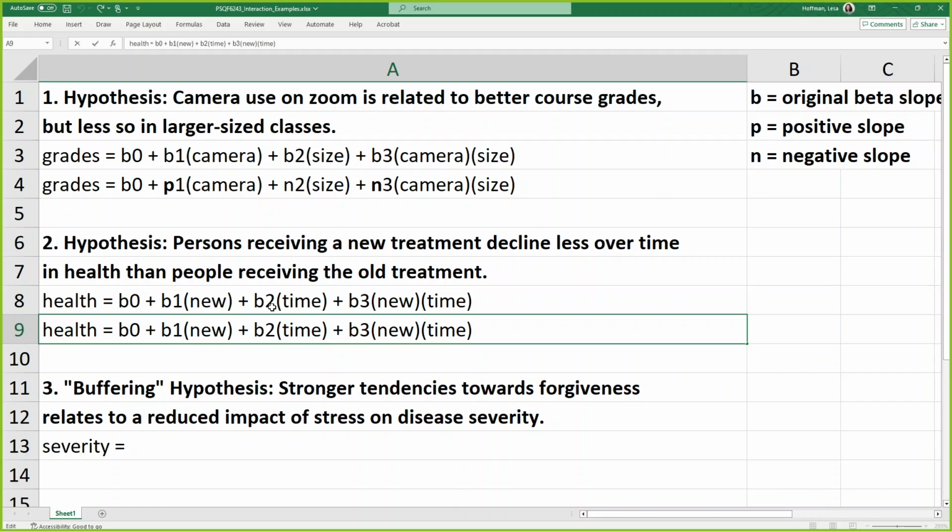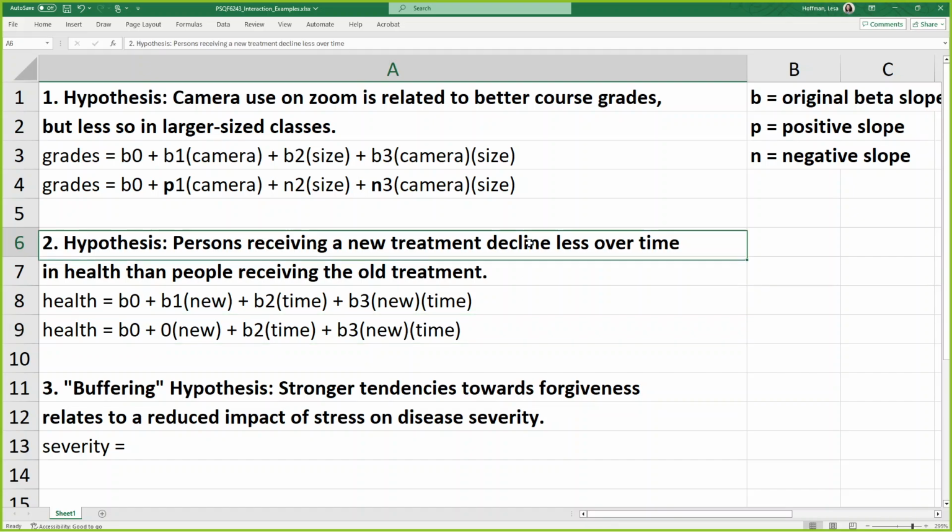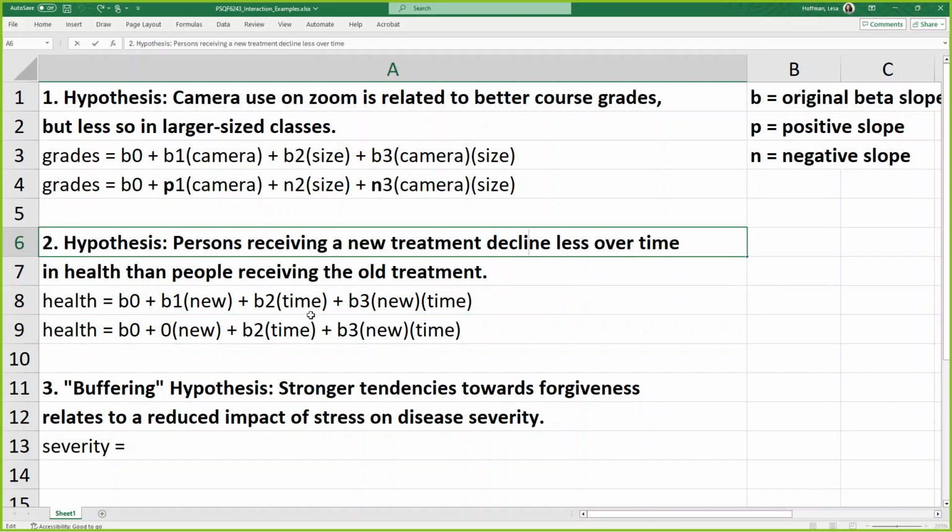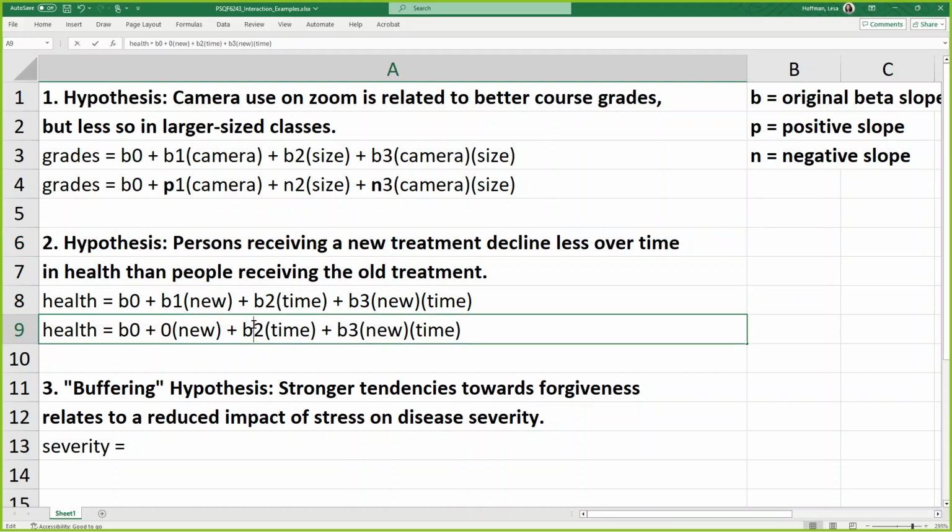Like if 0 was before we intervened in any way? Yeah, I would think that this slope would be 0, or it should be if random assignment held. And the story says that we're expecting decline over time. So that implies that if you do nothing, this is what's going to happen. So let's make that one negative.